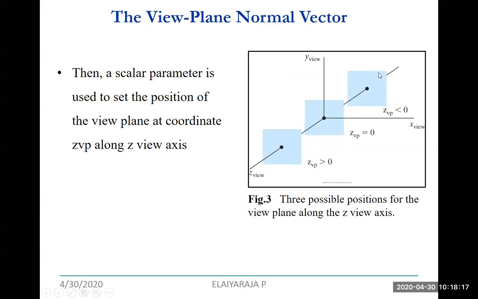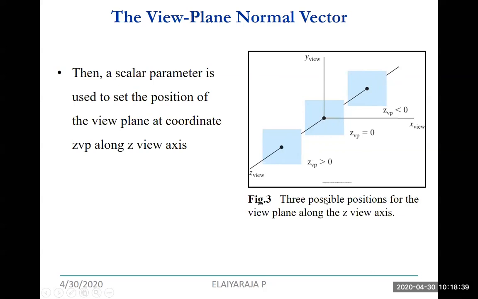Here you can check the three possible positions for the viewing plane: it is near, or far, or exactly on the coordinate origin.